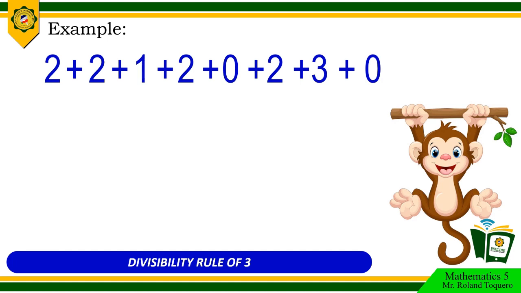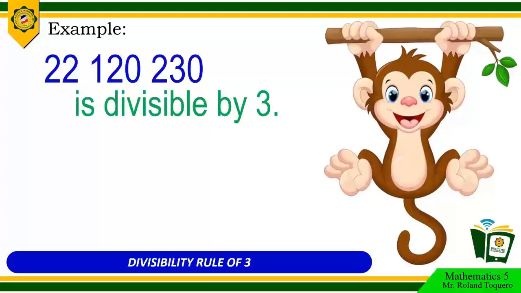In our example, 2 plus 2, plus 1, plus 2, plus 0, plus 2, plus 3, plus 0 equals 12. Is 12 divisible by 3? The answer is yes, it is. Therefore, 22,120,230 is divisible by 3.